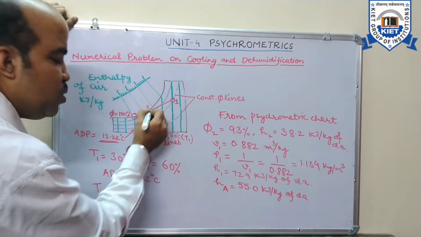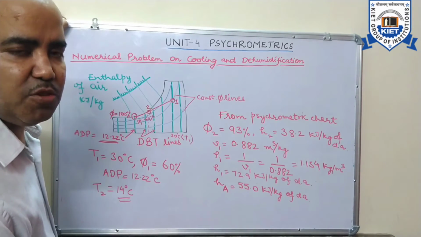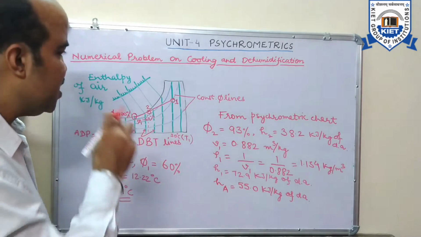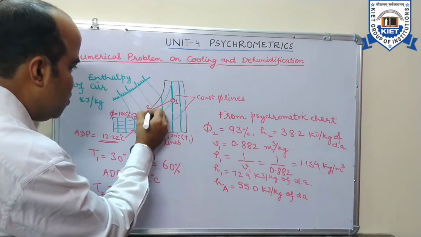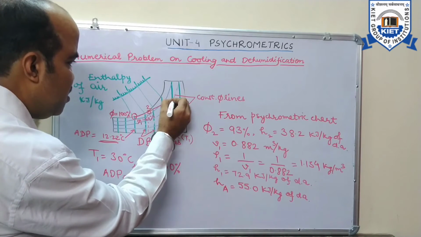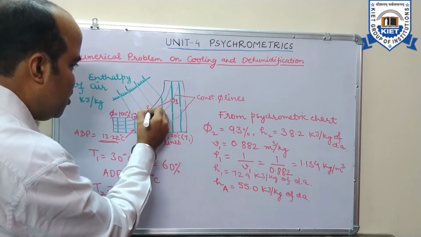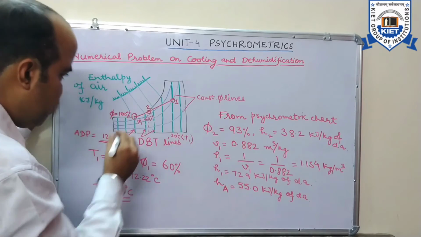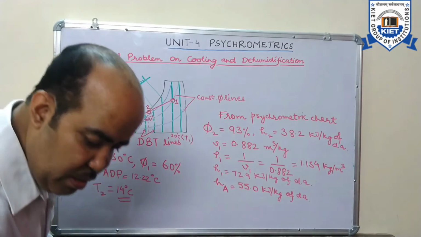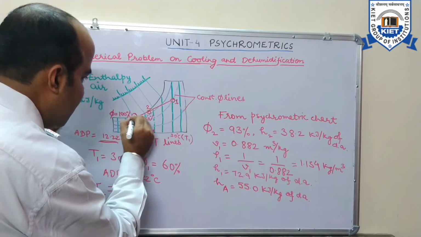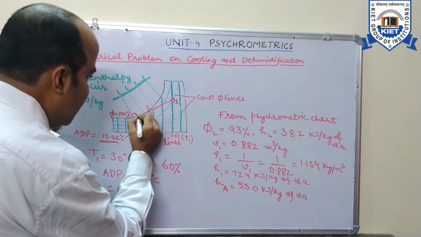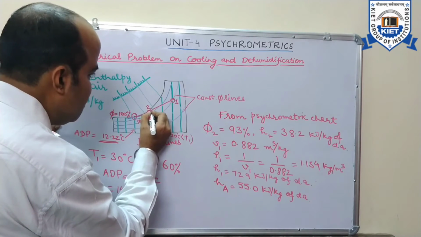This will be just below the 100% relative humidity line on the actual psychrometric chart. So this is point number 1, and this is point number 2. At point number 2, there will be a relative humidity curve passing through it, and the line will be like this one.